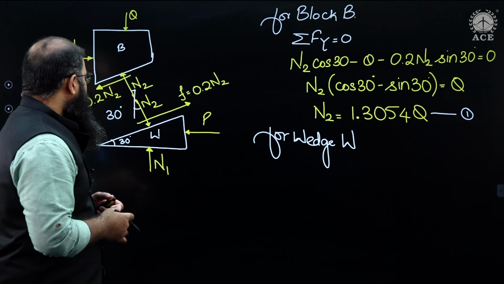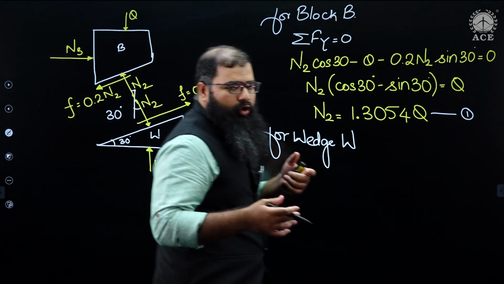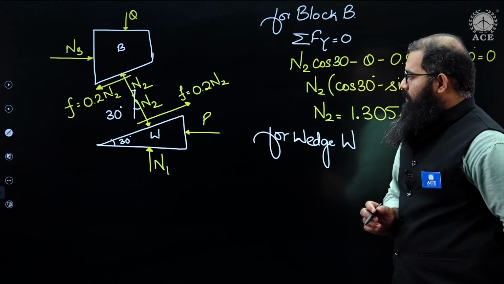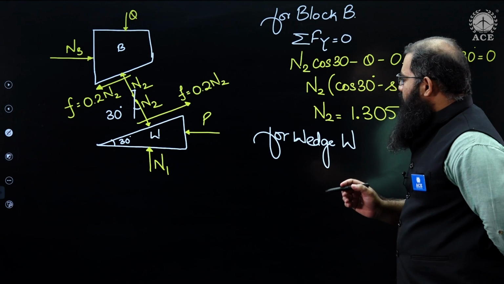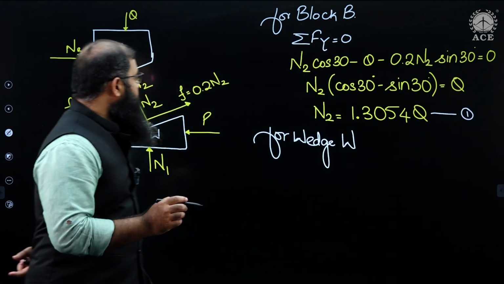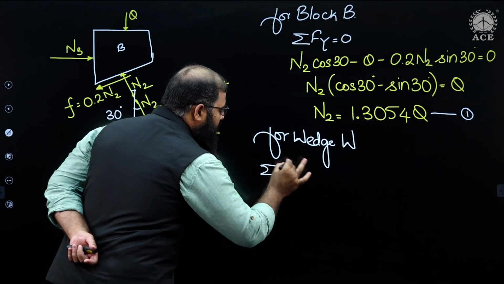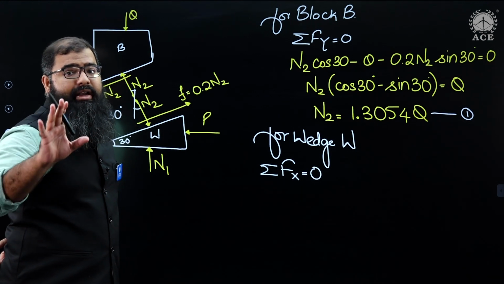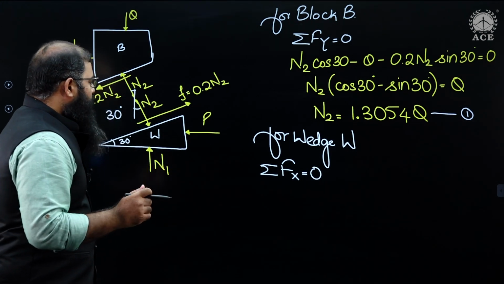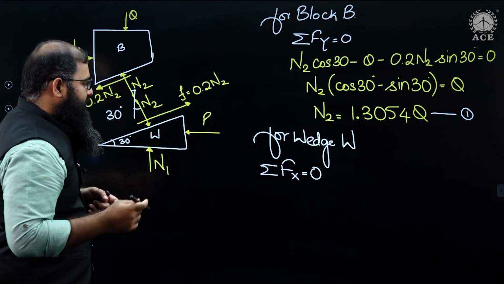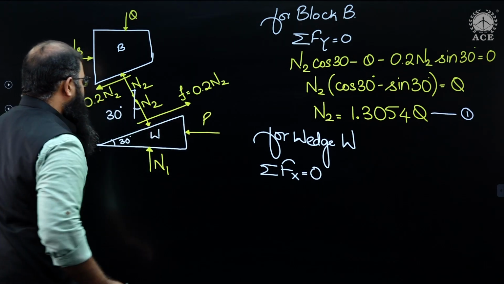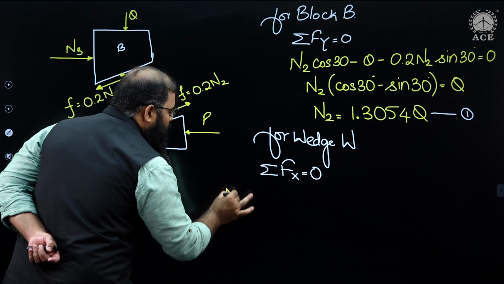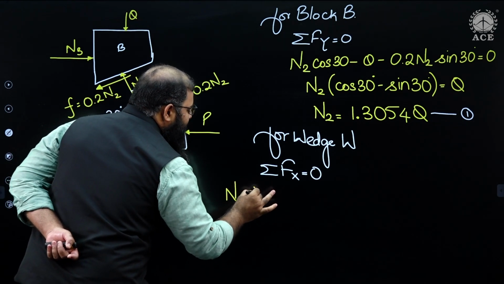Now what have I got over here? In this case, when I talk about the wedge, let me talk about sigma Fx is equal to 0. Again, you are within the equilibrium limits because impending motion is mentioned, right? So what have I got? If I take the right-hand side direction as positive, N2 is having a component towards the right-hand side, and that component is N2 sine 30.